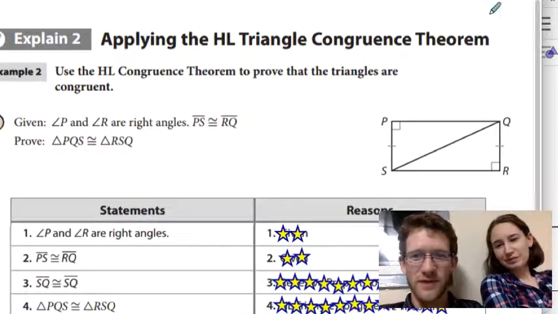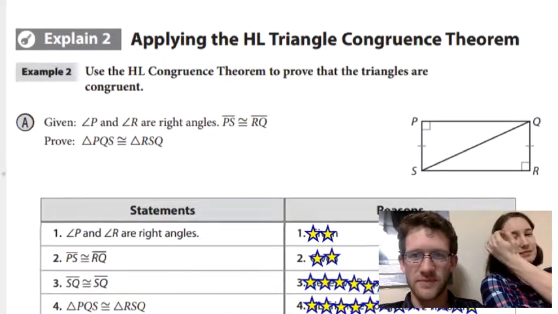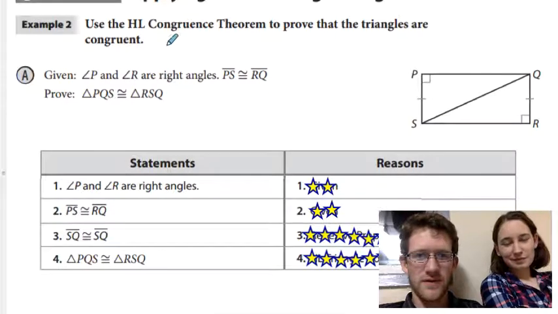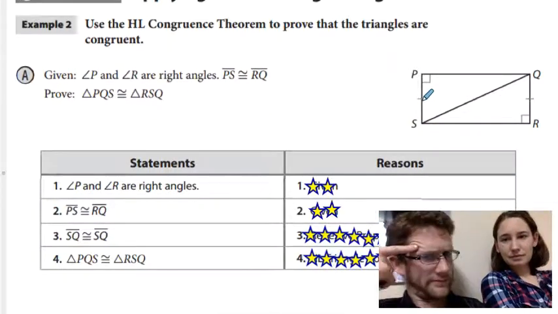We're going to do some proofs. We're going to use hypotenuse leg in a few different proofs here. So for example, this proof here, it says to use it to prove that the triangles are congruent. Our givens are that angle P and angle R are right angles. So if a right angle, we know that PS is congruent to RQ. Oh look, it's already marked for us. That's handy. And then just by looking at it, you should think, they share a side.